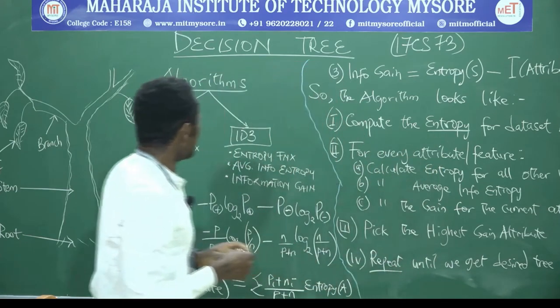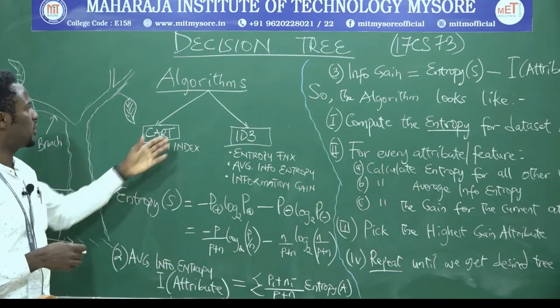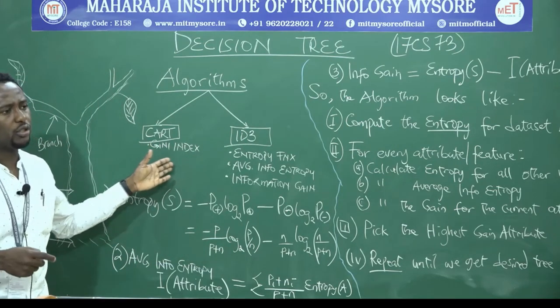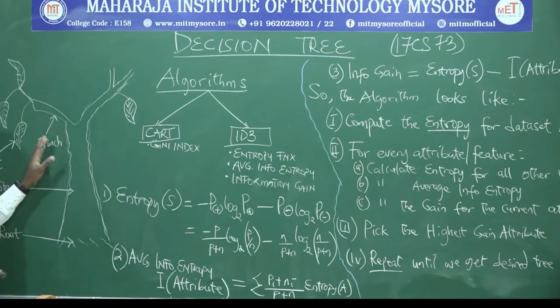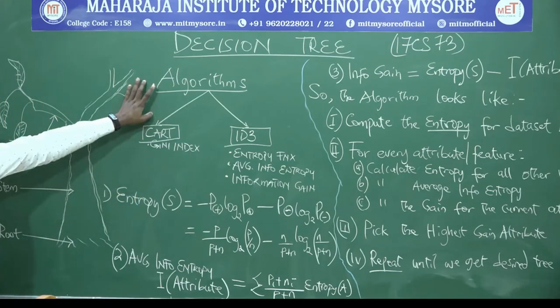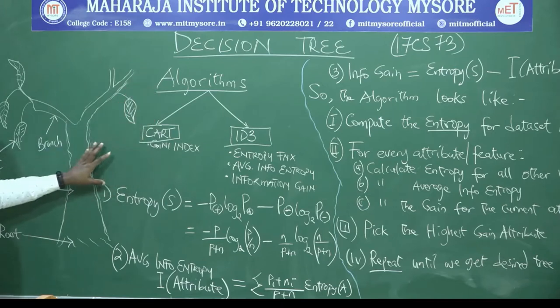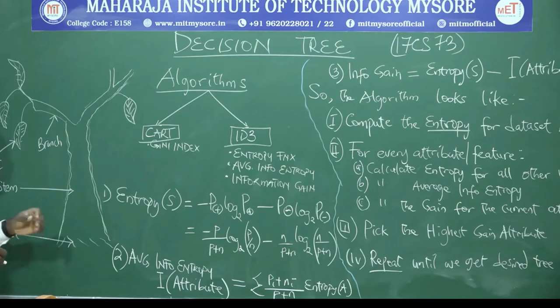So how can we define a decision tree before we look into the algorithms? Yes. So for most of you that want a definition of a decision tree, I just want you to see the algorithms first, and then we will define it, okay? So let's give a small definition, okay? So a decision tree, you can see it as a tree in which each node represents a feature or an attribute.